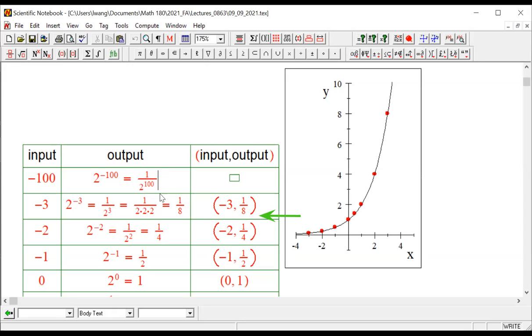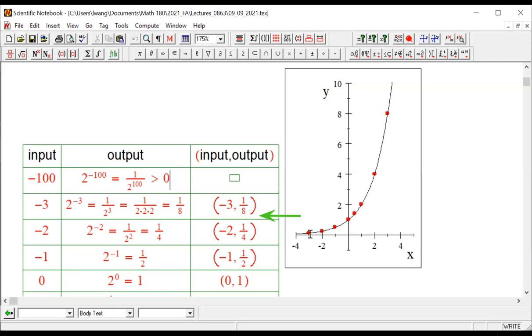So how big is this number? Definitively, it is not 0. Definitively, it is larger than 0, isn't it? It's going to be a very small positive number.